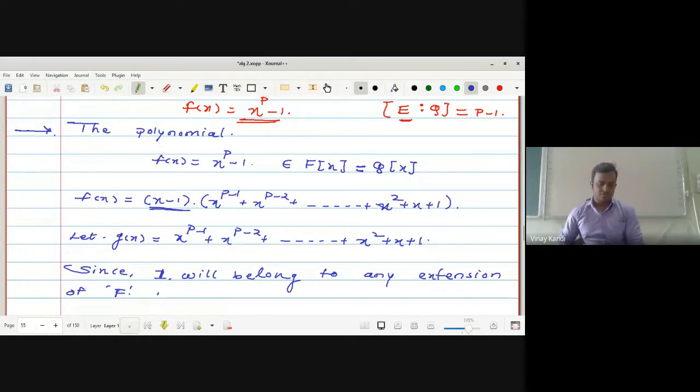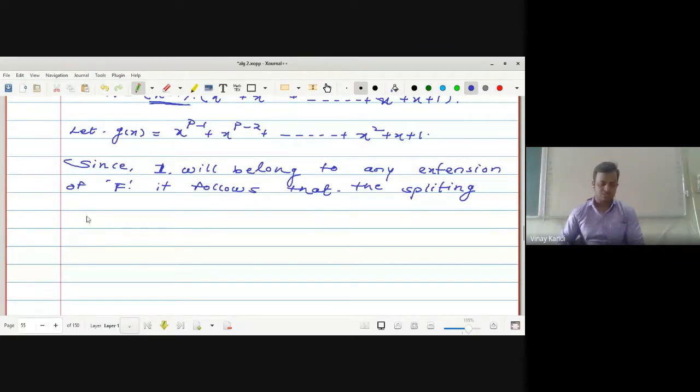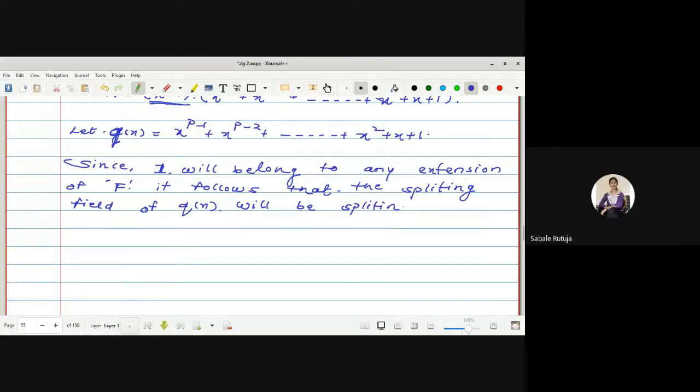So 1 will belong to any extension field of F. It follows that the splitting field of g of x will be the splitting field of f of x.